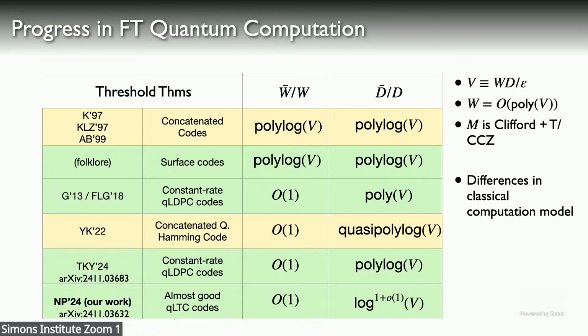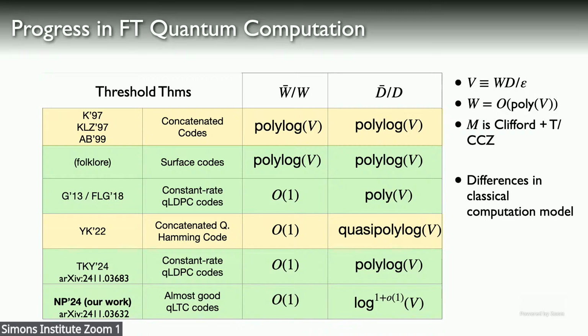I'm also going to restrict the volume, the number of gates in my circuit, which is the key parameter here, so that my circuit isn't pathologically deep, because that would cause some problems. I'm also glossing over some differences in the classical computation model between these different results, just for simplicity.